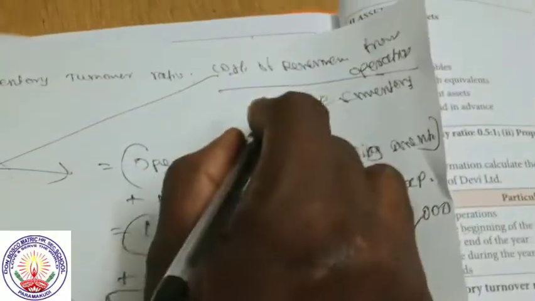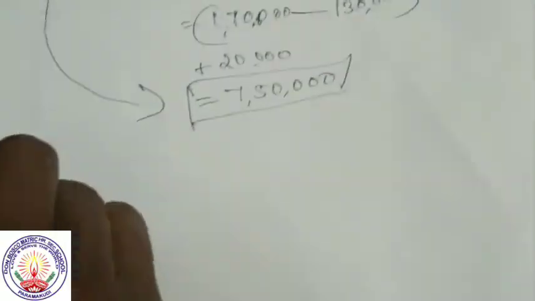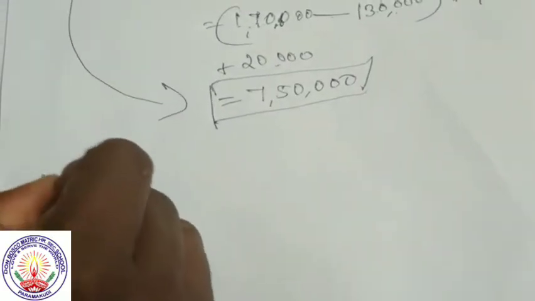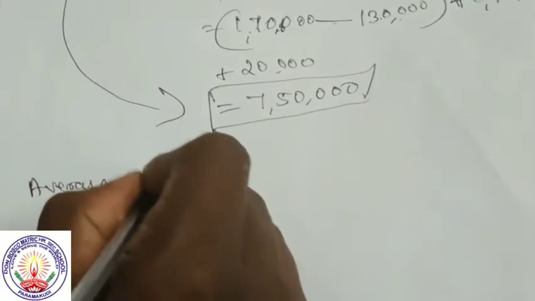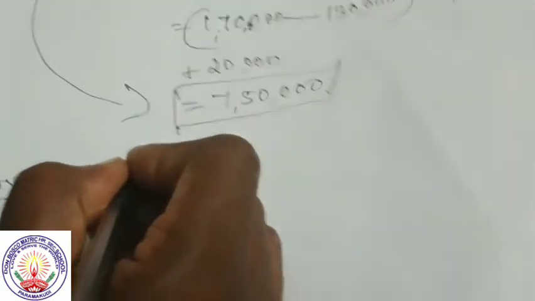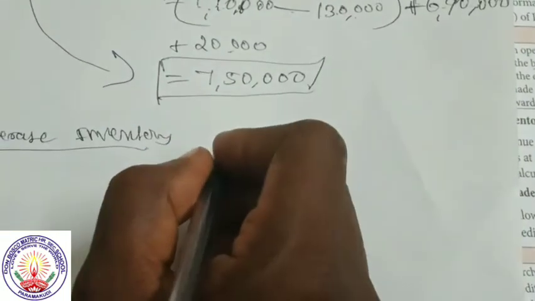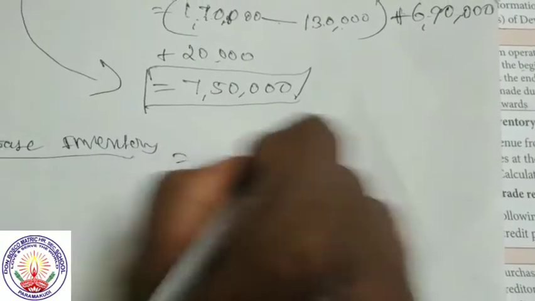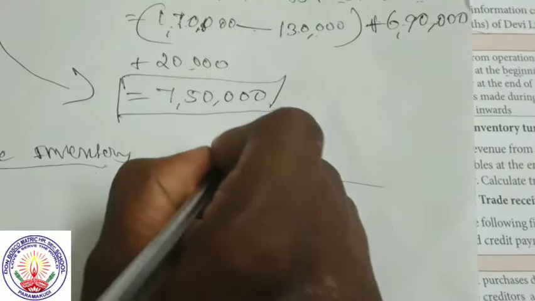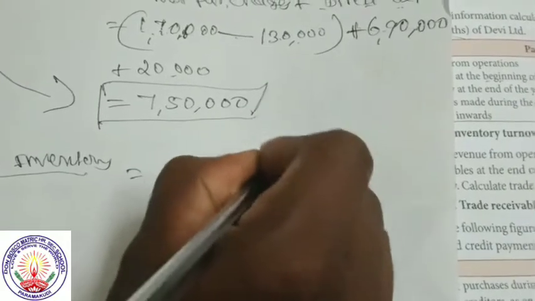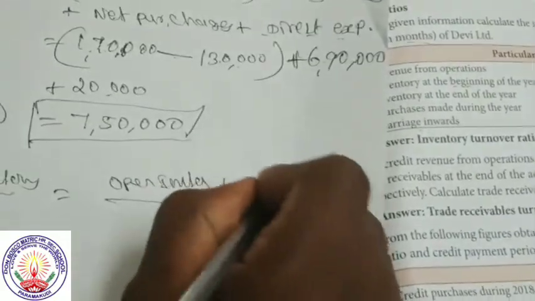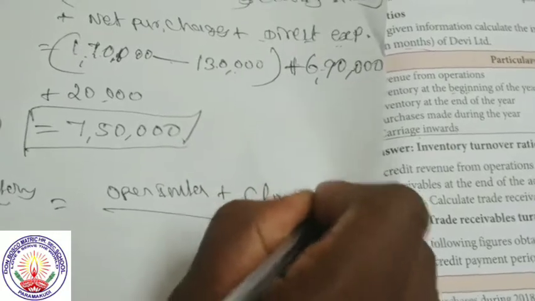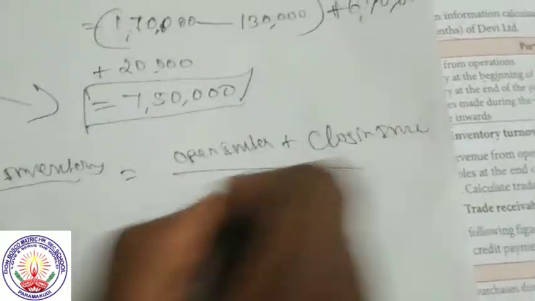Then now find out the average inventory. Average means opening plus closing divided by 2. Average inventory is opening inventory plus closing inventory divided by 2.